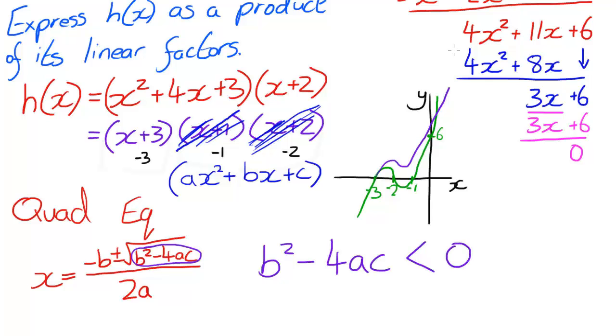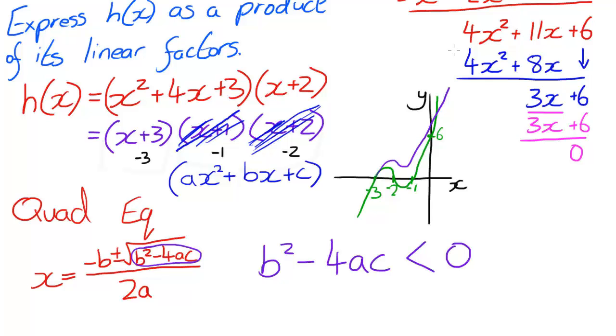So these numbers, a, b and c, are going to be such that b squared minus 4ac is less than 0, which means we cannot find two x values, because the square root of a negative number won't give us anything. If you put it in a calculator, it'll give you a math error.